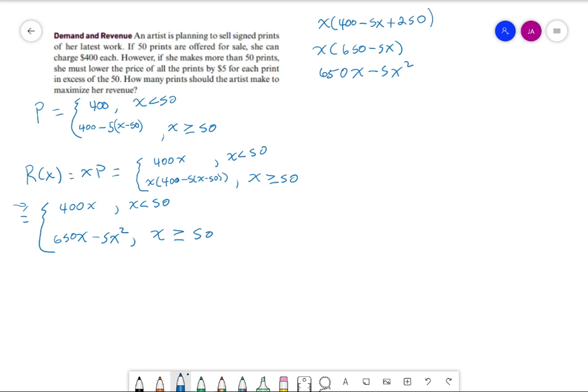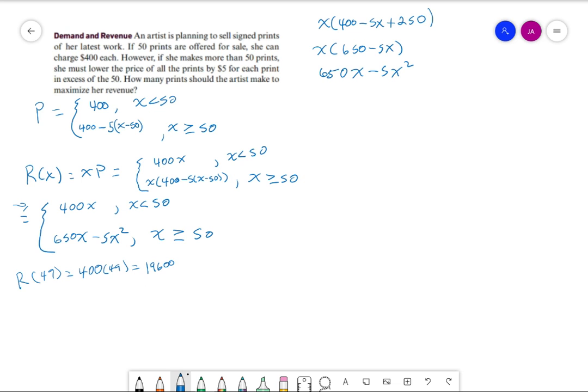Now, if we're only selling whole prints, I think it's very easy for us to calculate very quickly that the most we can make from making fewer than 50 is going to be the revenue of 49, which is 400 times 49, which is actually going to be 19,600. Now, I'm only doing this because I want us to keep it in our mind, because if I'm trying to find a maximum revenue, we want to figure out how many prints need to be made. And so that would be the maximum revenue that could be made for selling less than 50.